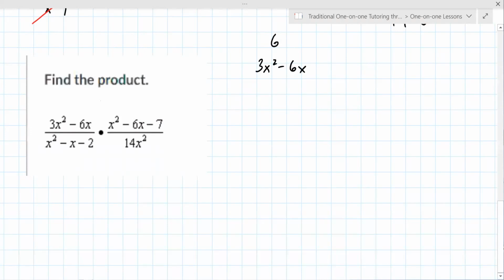This is a GCF because they both have an x and they both have a number. So the greatest common factor is 3x. So you divide each of these by 3x. Can you tell me what goes in either position here? Either 6x divided by 3x, whatever that is, or 3x squared divided by 3x?